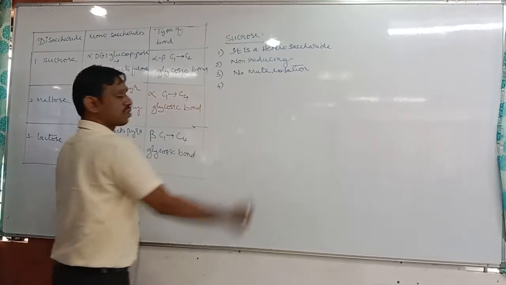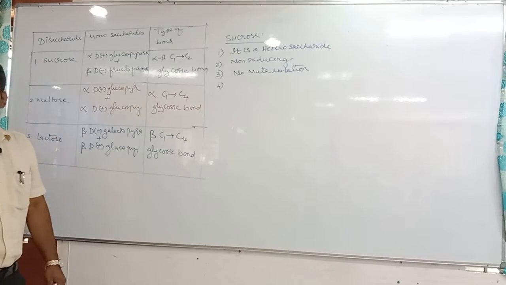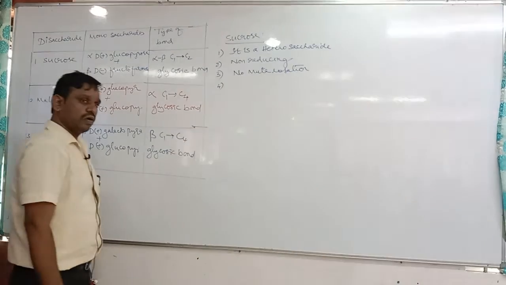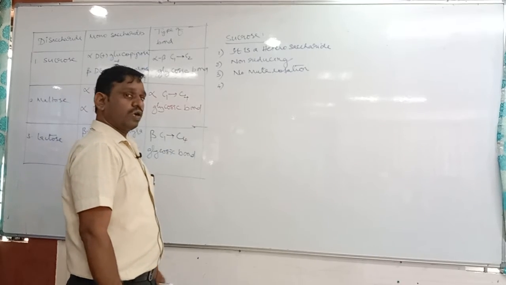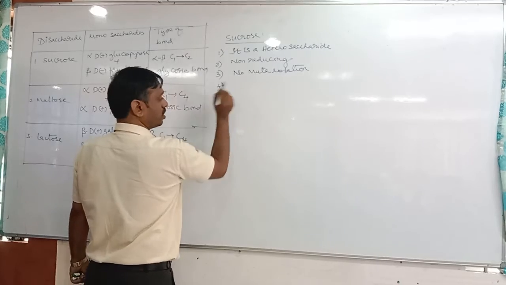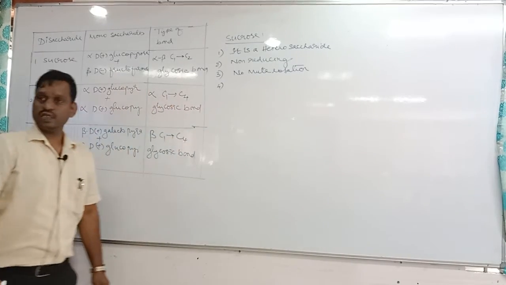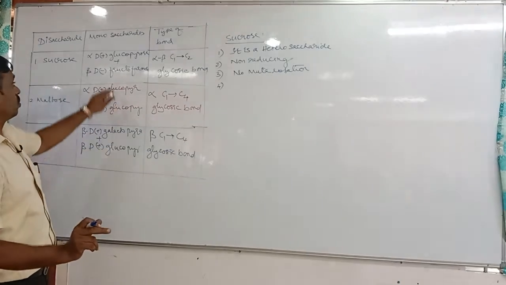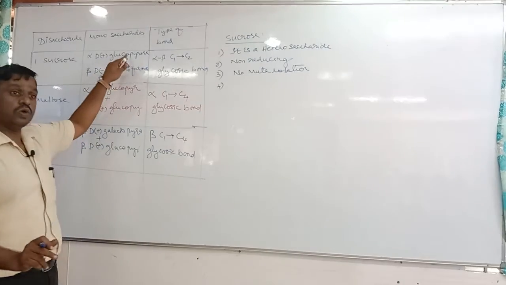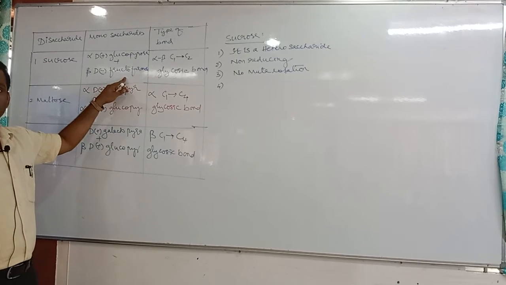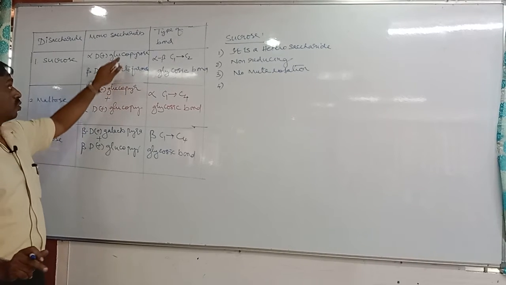Next, fourth one. Tell me, what are the other names of sucrose? And moreover, dextro and levo. Is sucrose dextro or levorotatory? Sucrose has glucose and fructose. Glucose is dextro, fructose is levo. That is about glucose and fructose.